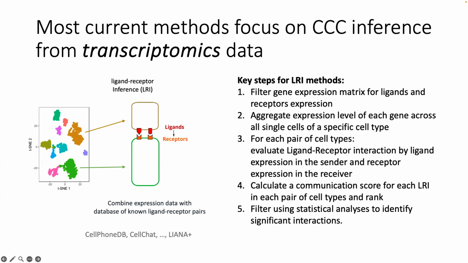So what these tools are doing is, first you have your gene expression matrix, right? All the genes in all the cells. We're going to filter the gene expression matrix for only the activities of the ligands and the receptors. Typically, you use some databases to filter these out.